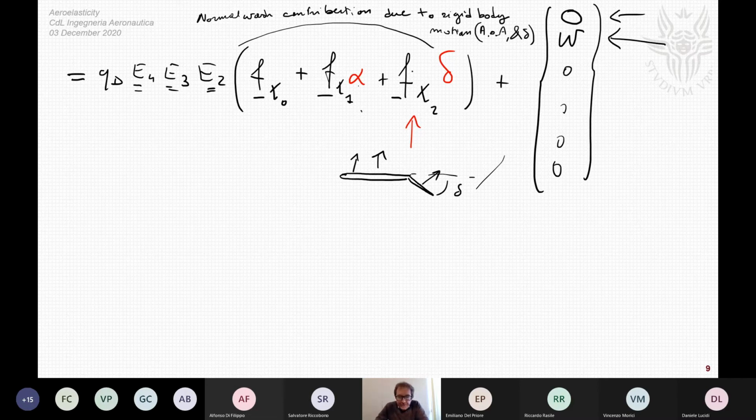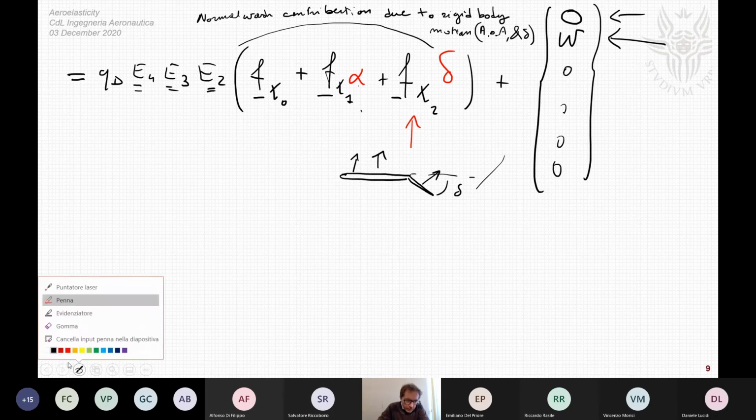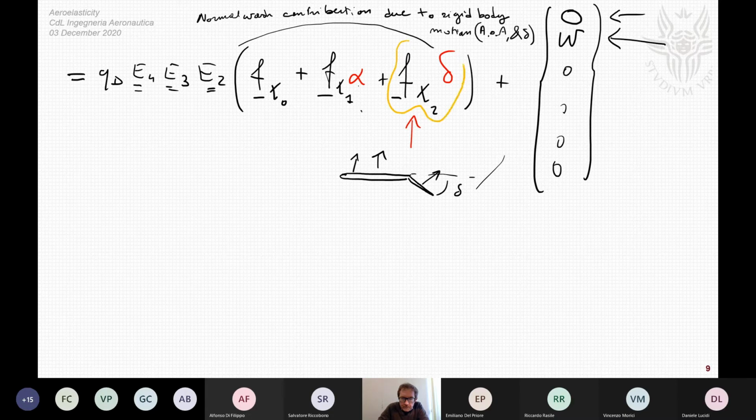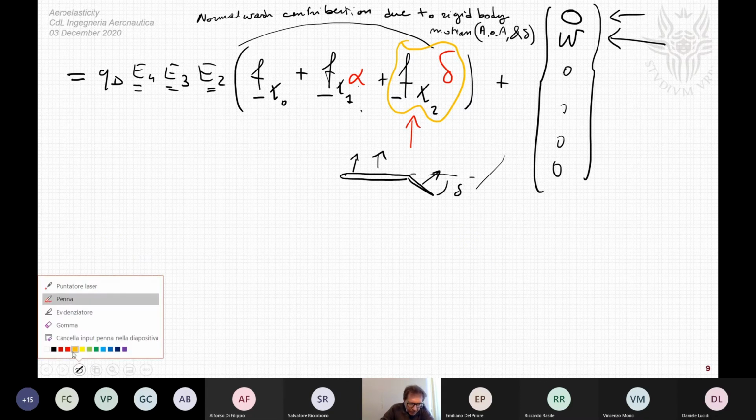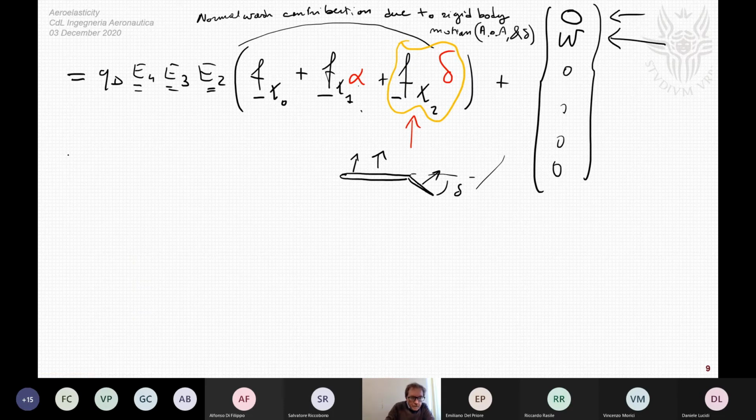In fact, we have this novel term, this new term here, which is the contribution to the normal wash given by this delta angle associated to the control surface, for example, of the aircraft. This is the aircraft, and this is the tail of the aircraft.